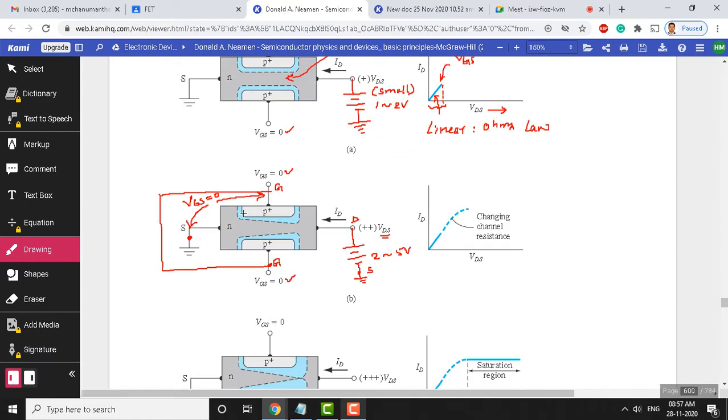Let us draw a small diode so you will understand better what will happen to this diode here, the diode exactly at the middle, and the diode at the drain side. Now among these three diodes I have drawn, which one is going to become more reverse biased?